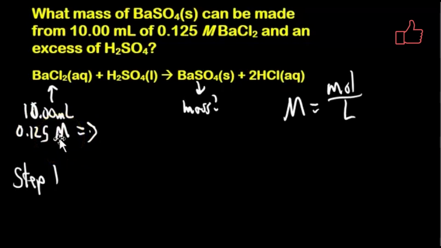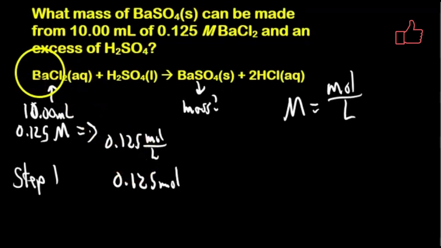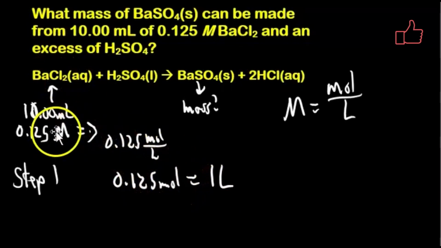What that means is 0.125 moles per liter. But what that really means for stoichiometry is that there are 0.125 moles of this stuff for every 1 liter, and I should write BaCl2 here. So that's what this means.